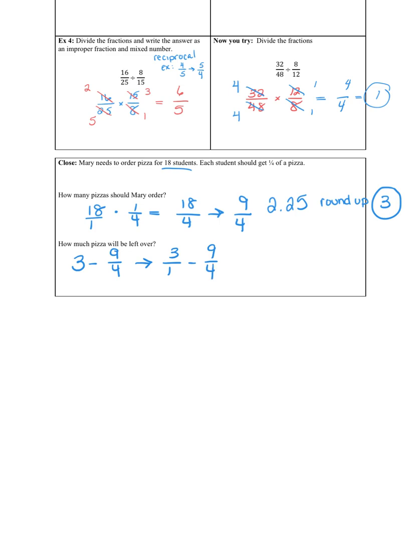So I want my denominator to be 4, since that would be the lowest common multiple. So to change the 3 over 1 to a 4, I would multiply them both by 4. And so now that looks like 12 over 4 subtracting 9 over 4, and I'm left with 3/4 of a pizza left.